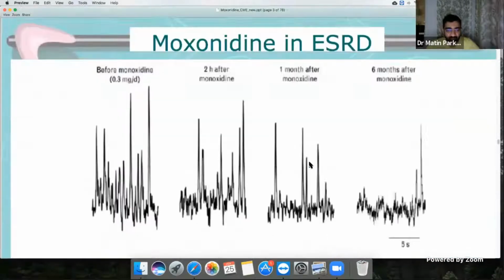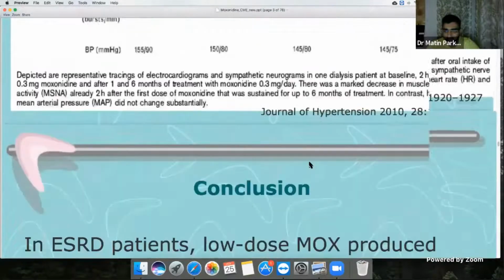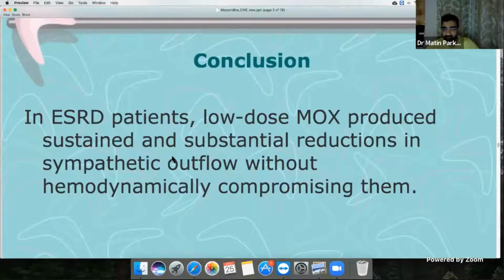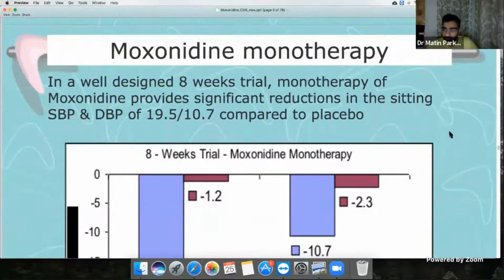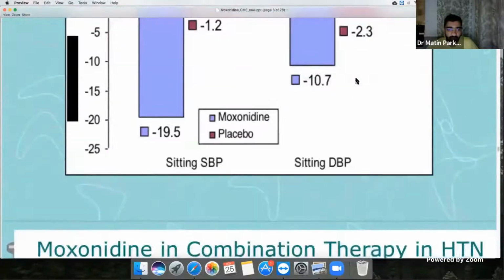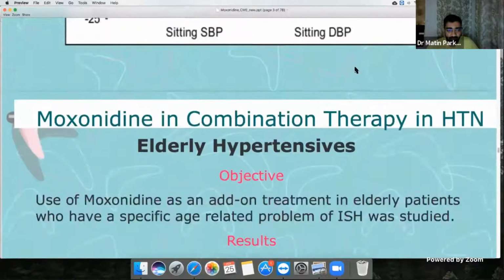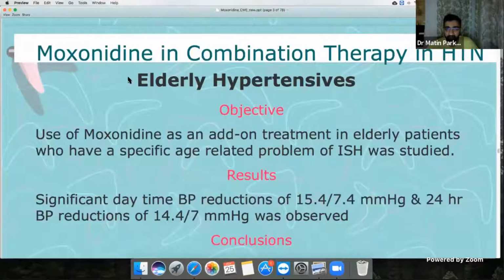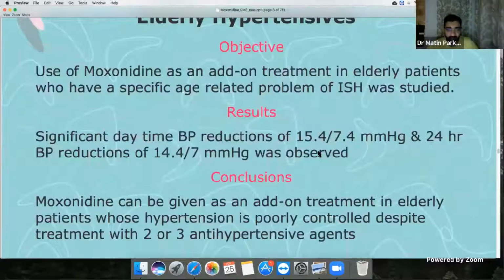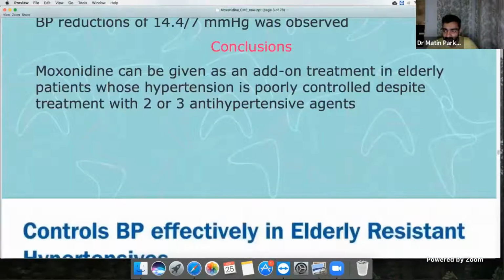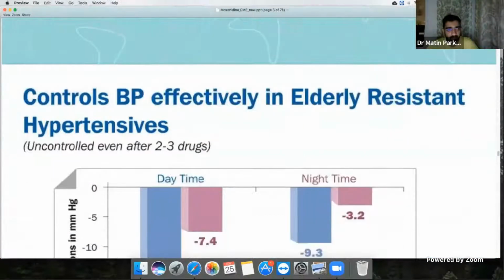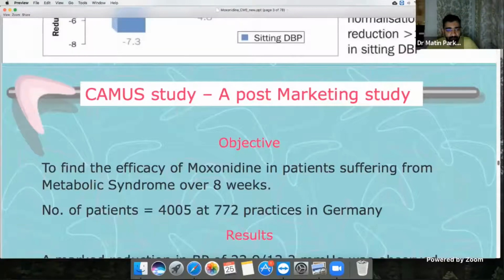So there are many studies quoting that Moxovas, or moxonidine to be specific, is a very potent drug, even as a monotherapy, especially in elderly hypertensive groups. I will not quote each and every study because there are a lot of studies saying the same results and conclusions.